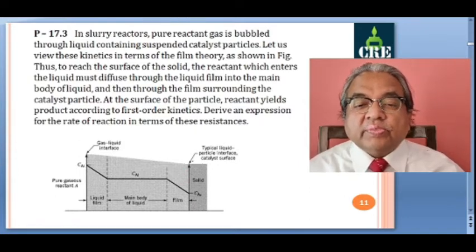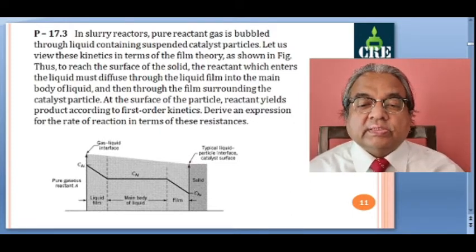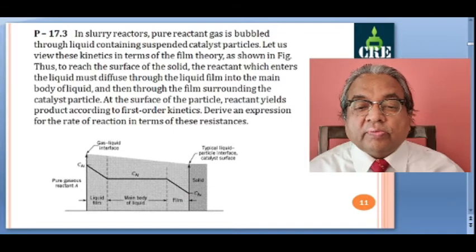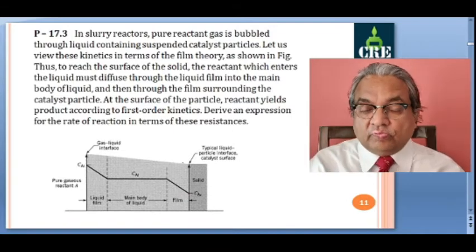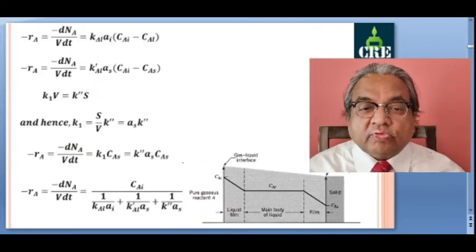So we have here a typical liquid and solid surface interface, that is the catalyst surface. So this gradient is there because resistance is offered by this film, and we will see the equations for this.